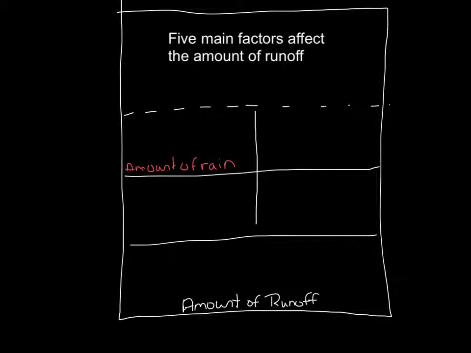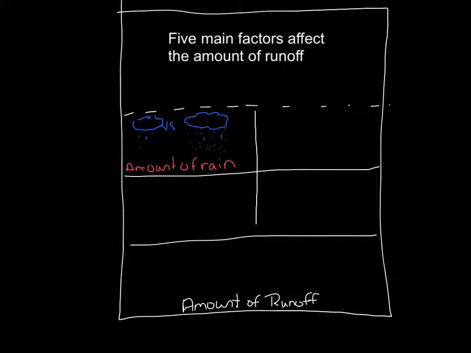Alright, so what that means is I could have a very little rain, which is going to have very little runoff, versus a whole lot of rain, which is going to have more runoff.